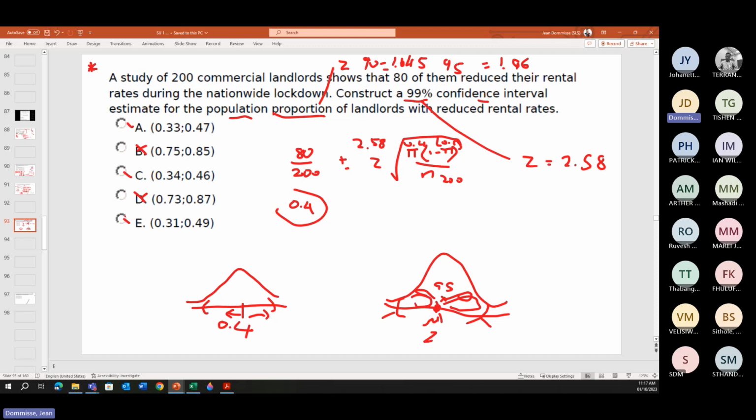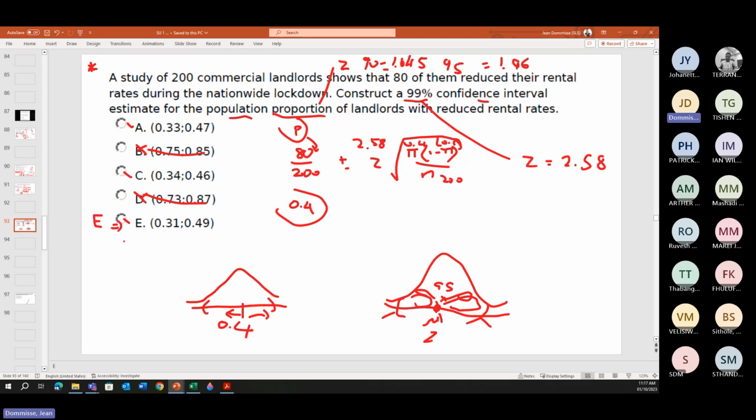So again, if you don't have time, by only looking at what that P would have been, you could have eliminated two options already. If I was with 1 or 2 minutes left, I could say, okay, there's at least only 2 or 3 that I need to guess out of. I would always guess C. I would have been wrong in this instance because E is your correct one.